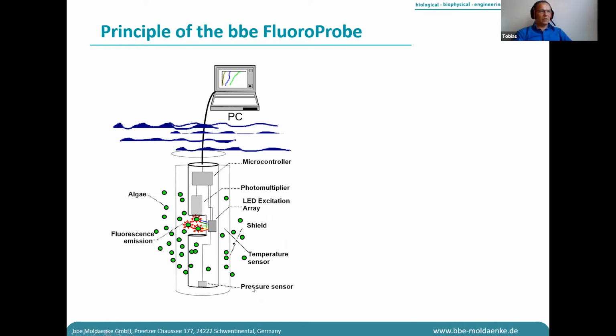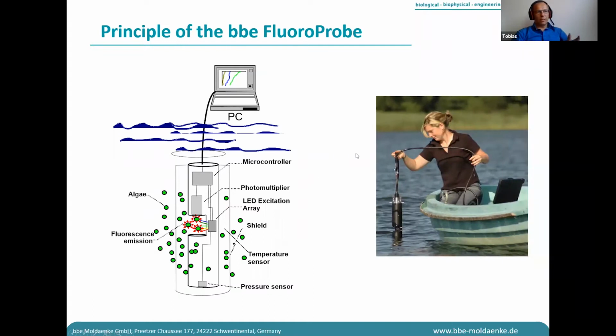We have a temperature sensor and a pressure sensor in this device. And to get a feeling of the size, here is one in Lake Westensee, a person who is using the FluoroProbe and deploying it, without the shield around it, but you will see later also some pictures with the shield, and here you see the excitation situation.